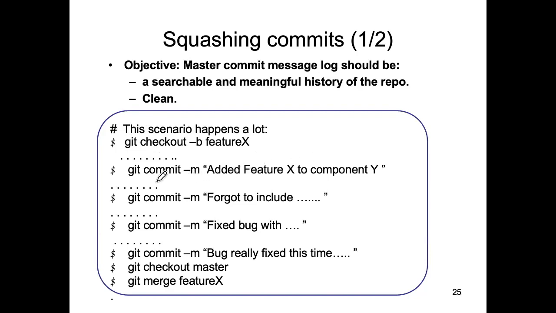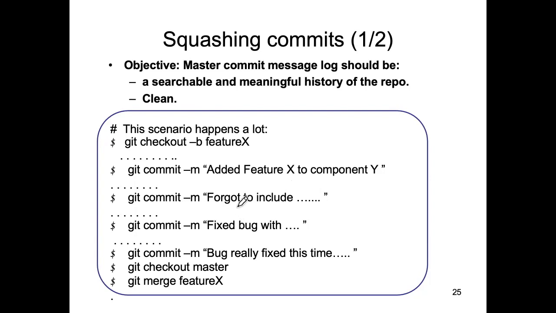But then I find that when I do some experimentation with feature X, it's actually buggy. There's some bug that I found in it. And so I do some work and I do another commit, and this is the commit message, just reminding me I forgot to include a certain part of the feature. And then I make another realization that there's a bug, and I fix the bug, and that's the commit message.